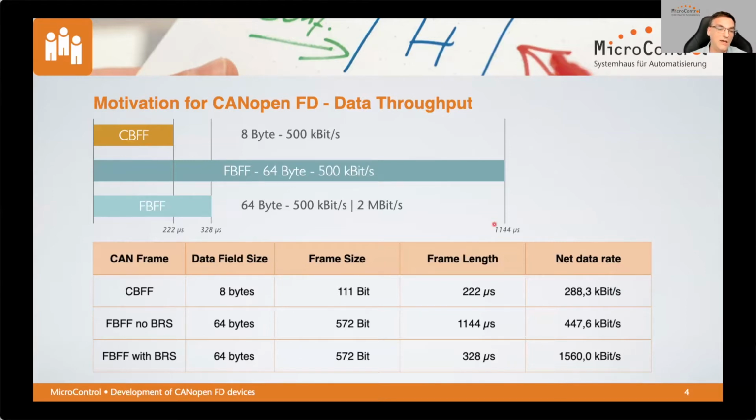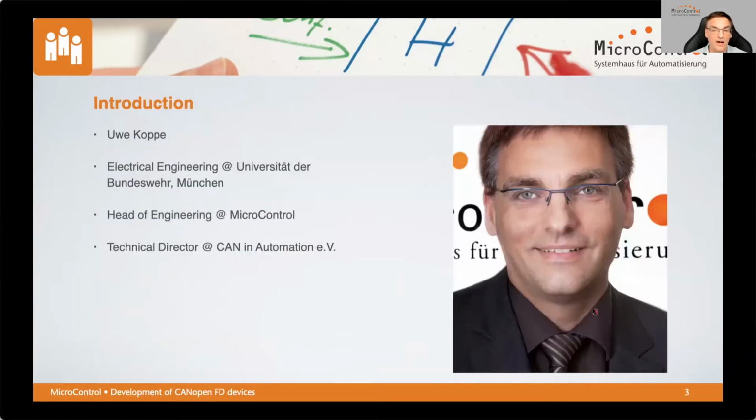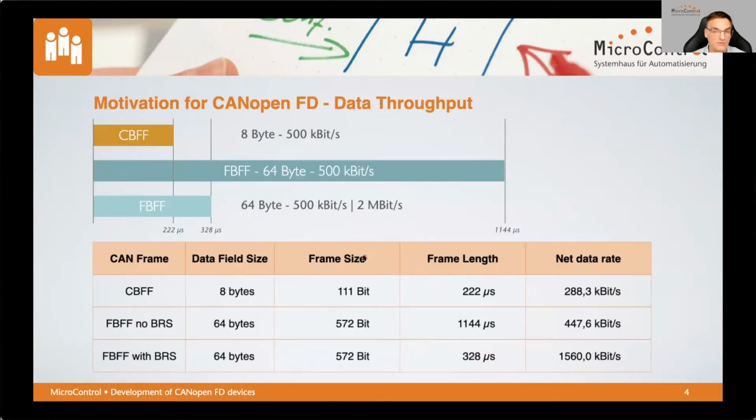In the table beneath this drawing, you can see the frame size, the frame length, and the net data rate which results from that. So even if you're just using CAN-FD format with these 64 bytes, you have nearly doubled the data throughput. And that's a big deal, and this is nice.